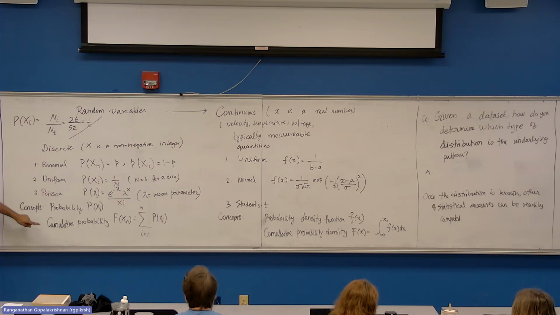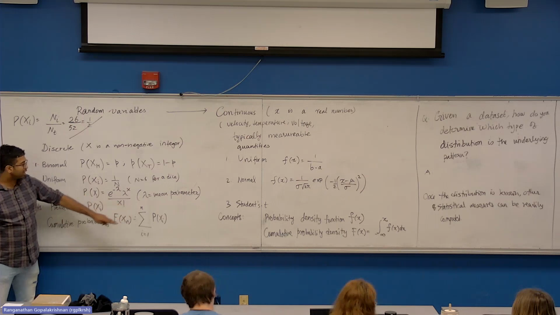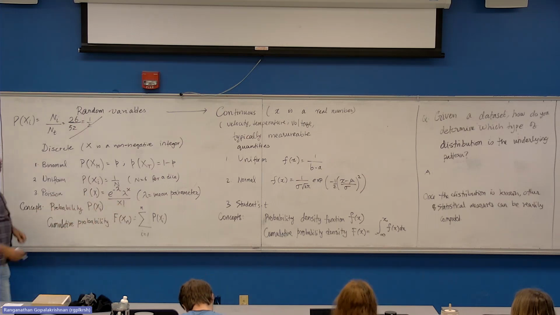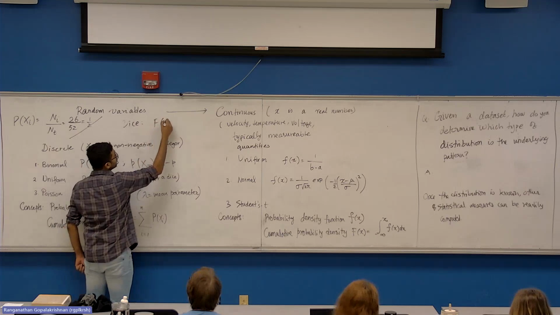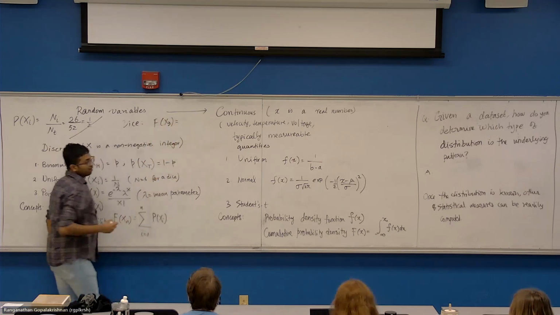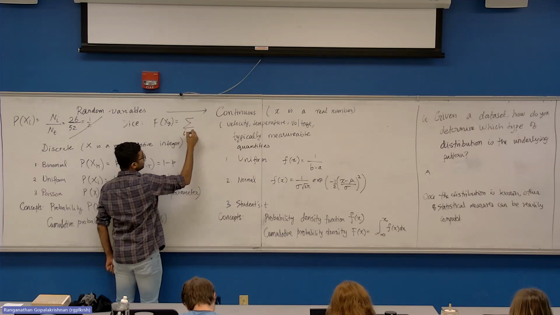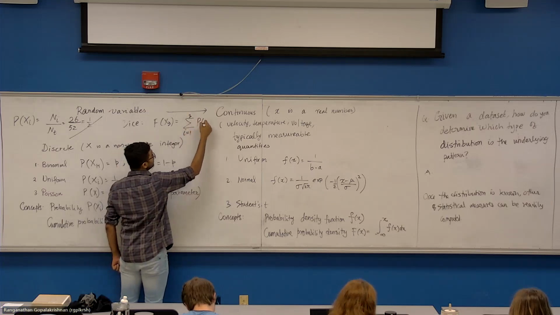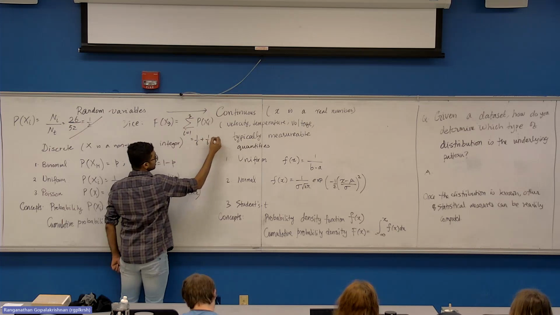Cumulative probability is the sum of the probabilities until a particular value. For example, for a dice, what is f of x3? What is the chance of getting everything up to 3? So it is the sum for i equals 1 to 3 of p of xi, which is 1/6 plus 1/6 plus 1/6.